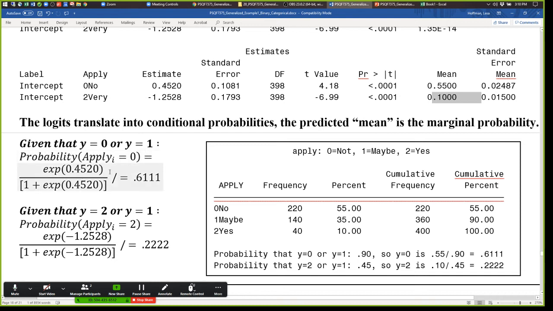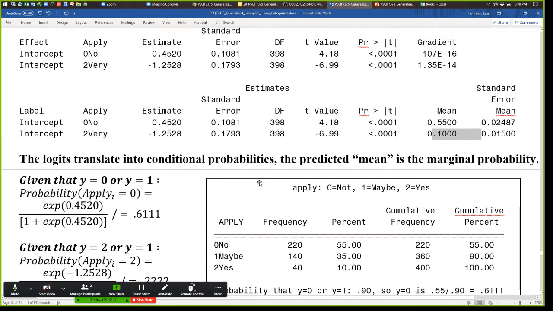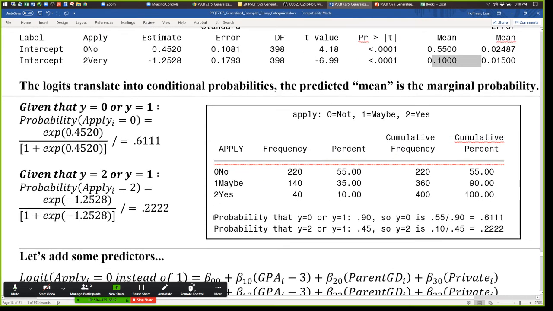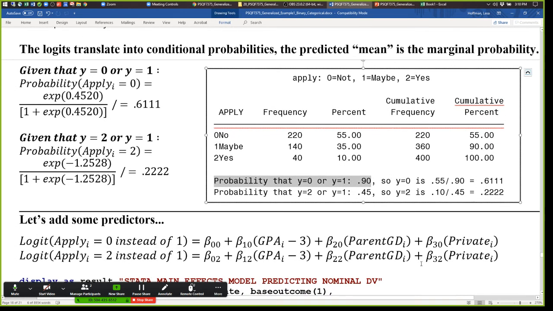So you have to figure out then how the model works based on what is logically possible. So in this case, the first submodel is the probability of a 0, given that it's 0 or 1, what's the probability of a 0?